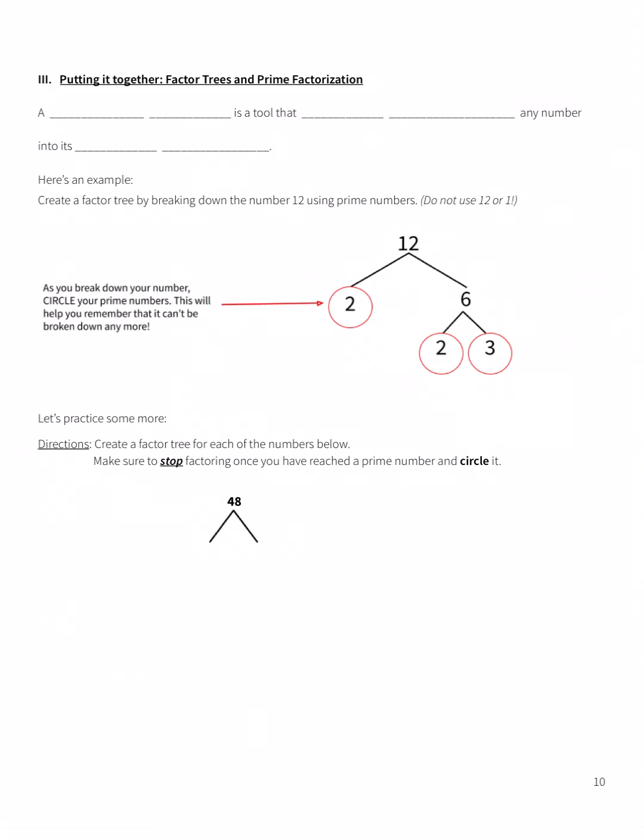Okay, we are going to use prime numbers to make factor trees. A factor tree is a tool that can be used to break down any number into its prime factors.